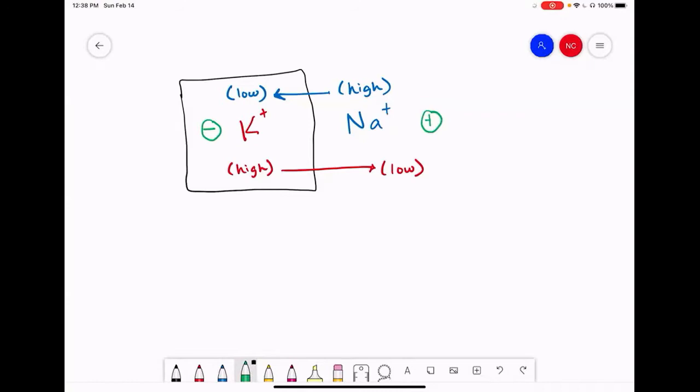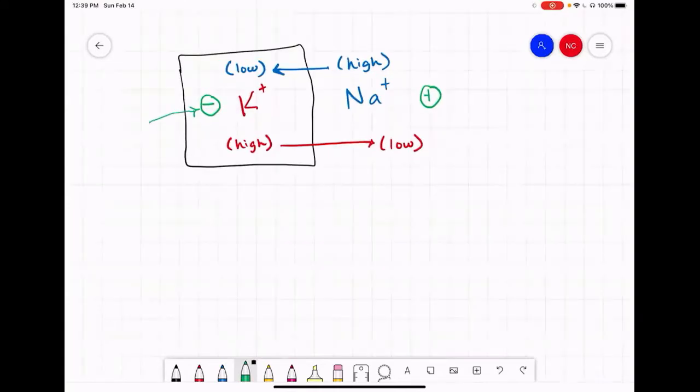And the way that we get this negative on the inside of the cell is through other negatively charged ions and other proteins that we don't really mention, because the big thing that's going to be altering membrane potential within the cell is fluctuations between these positively charged ions. So that's why we concentrate on those.